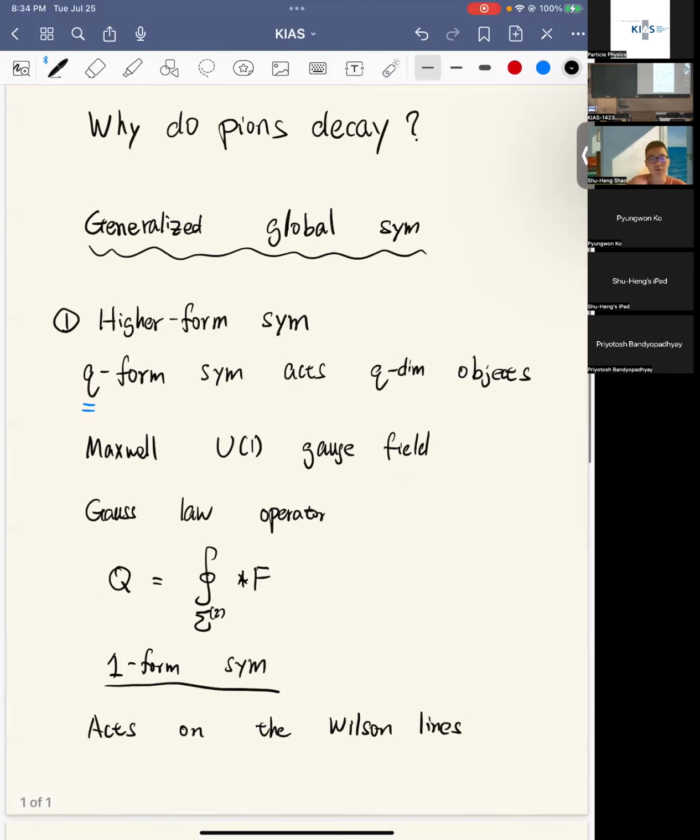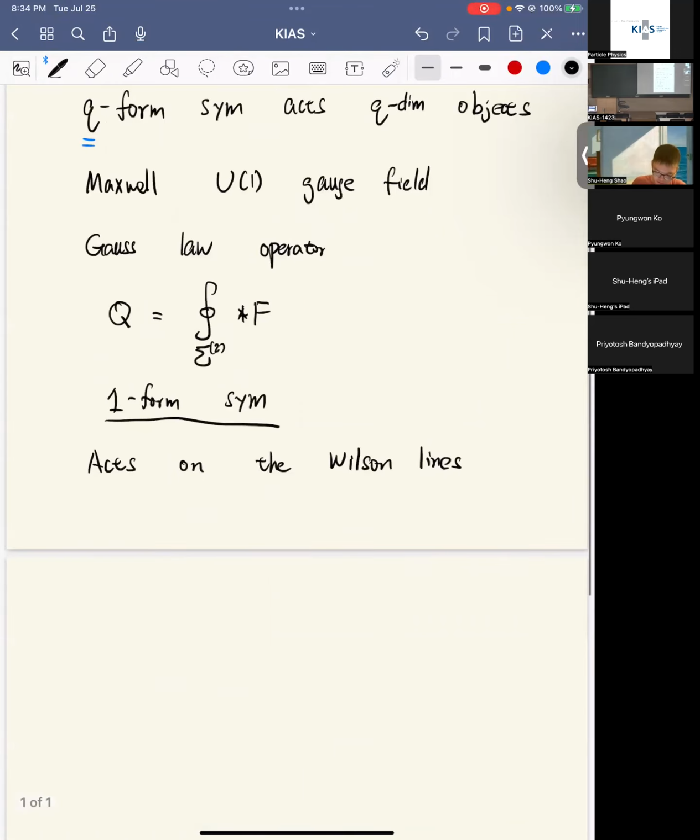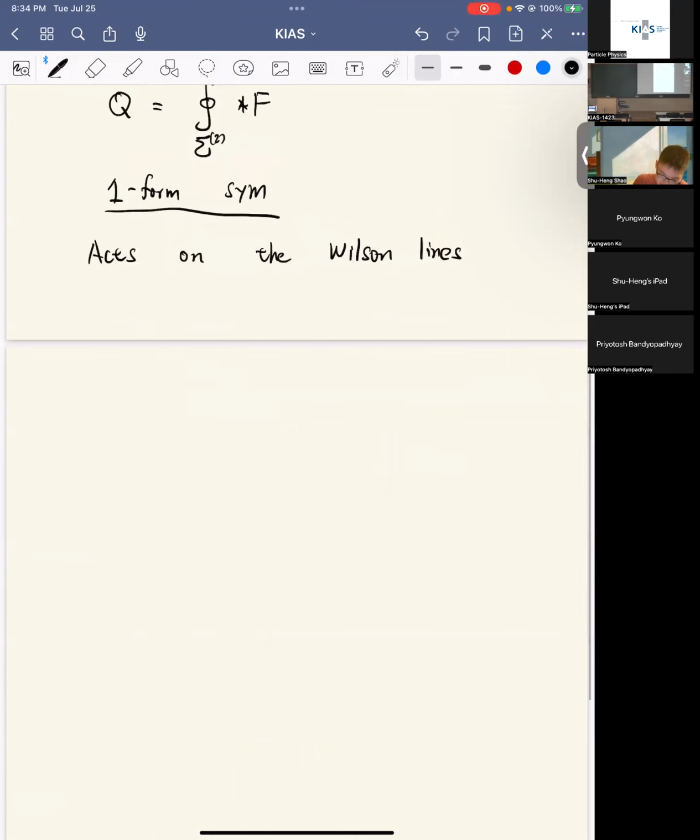There has been a lot of developments on higher form symmetries, in particular about their anomalies and how they constrain various strongly coupled gauge theories. This will not be the topic of the talk today. Today, mostly I'll talk about a different kind of generalized symmetries.